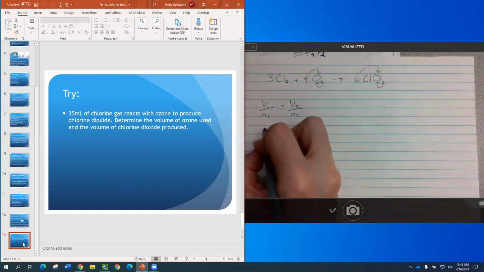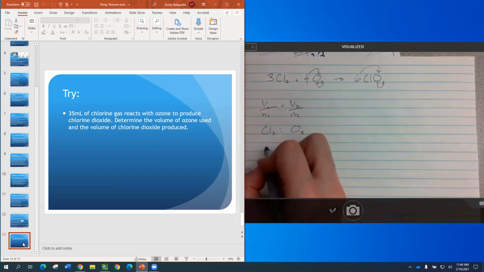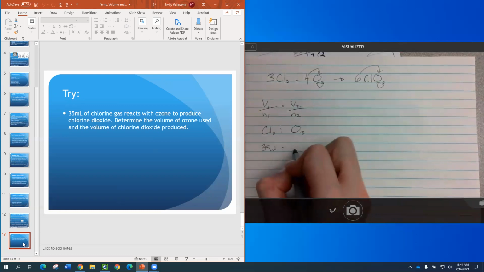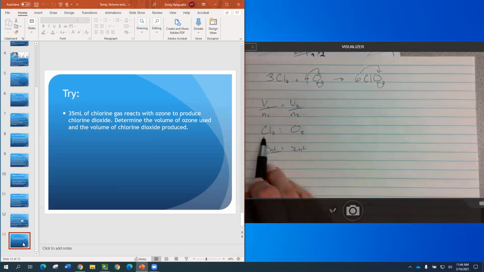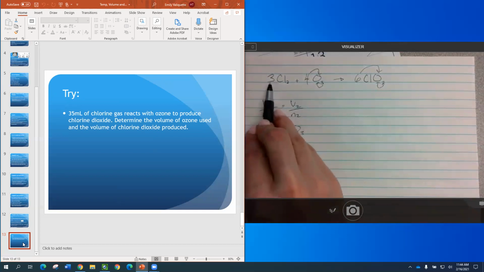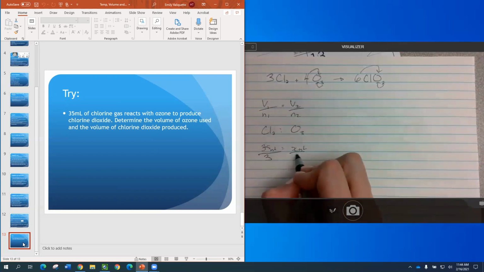So I'm going to go from my chlorine to my ozone. My volume of chlorine, again, using this formula here, my volume of chlorine was 35 milliliters. I don't know the volume of ozone. The mole number, so the mole ratio of chlorine is 3, and for ozone, it's 4.